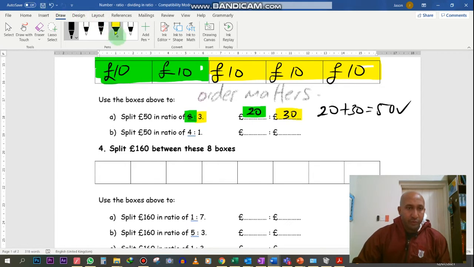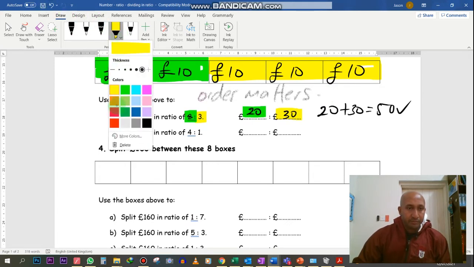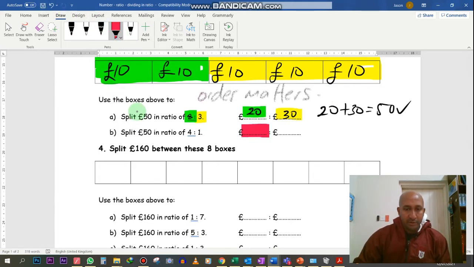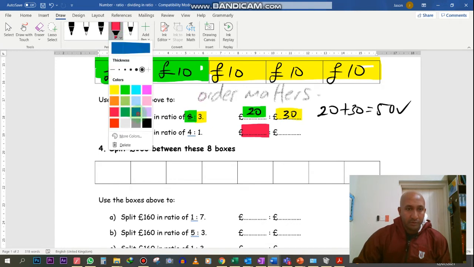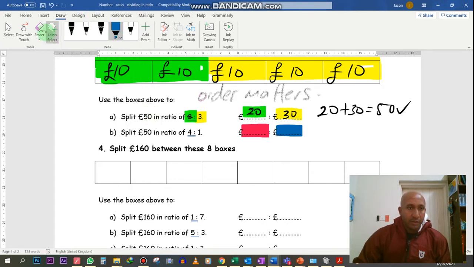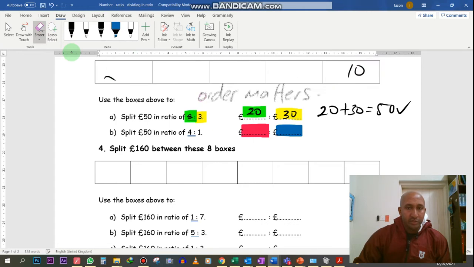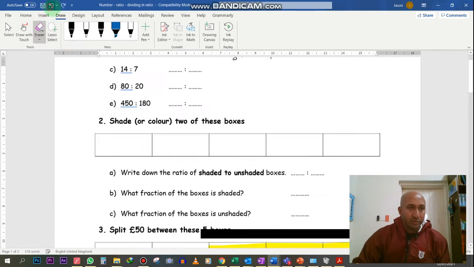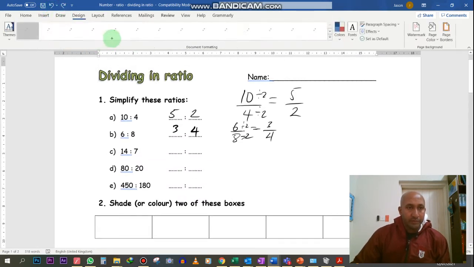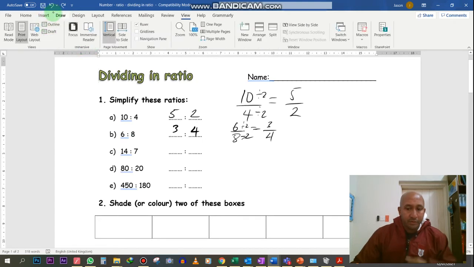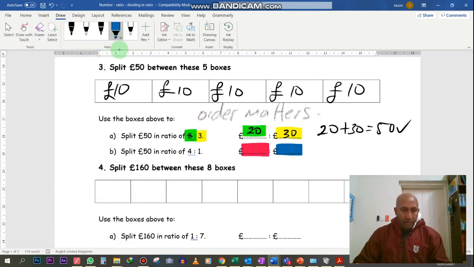If I do it for this one here, let me use different colors. The sharing for this one here is going to be different. Now it's saying split 50 pounds in the ratio of 4 to 1.